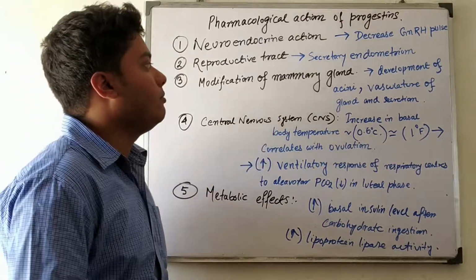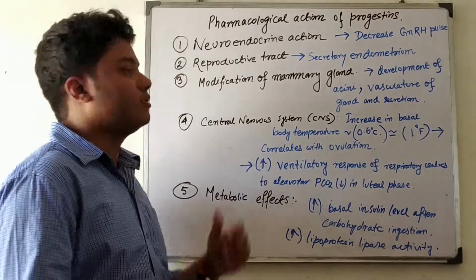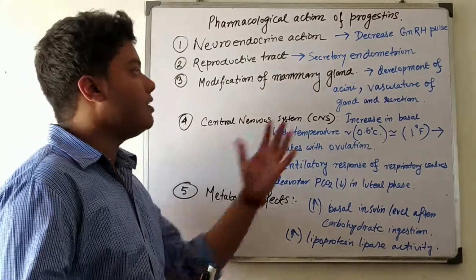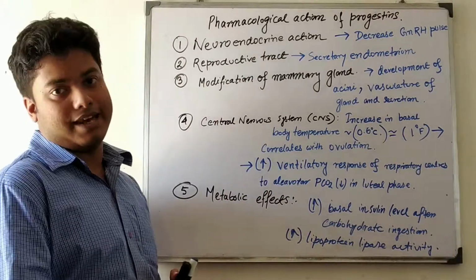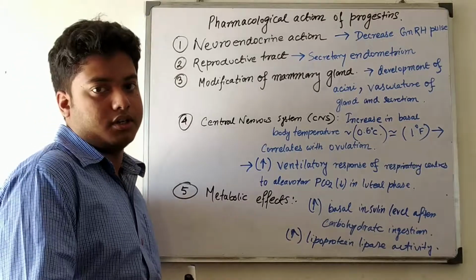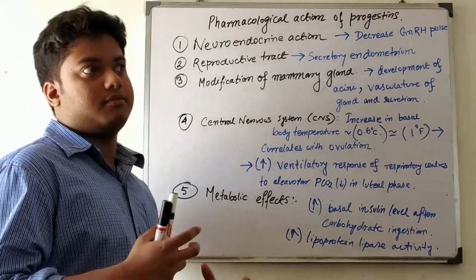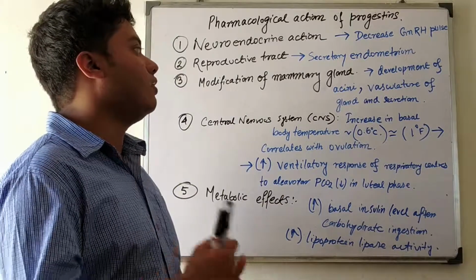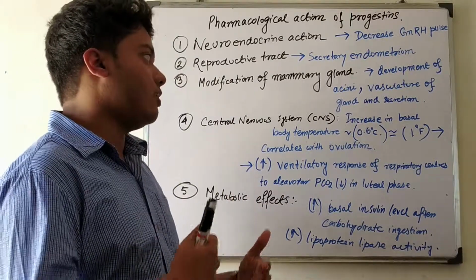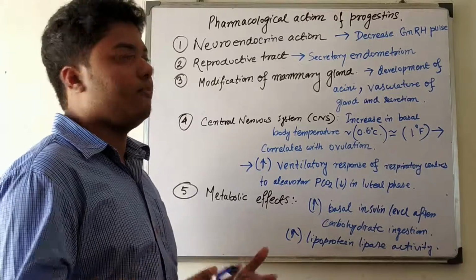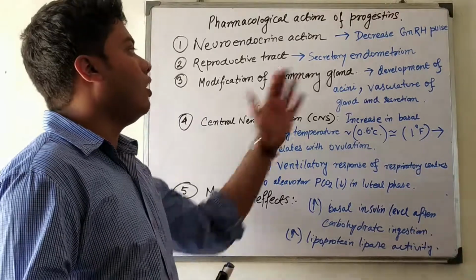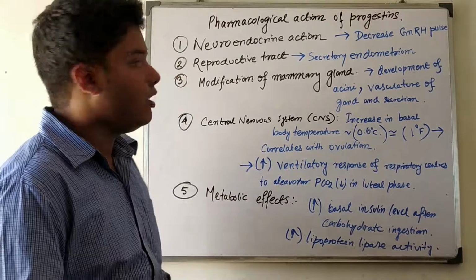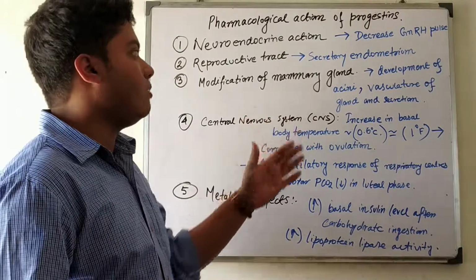Then there is the modification of the mammary glands. What is the importance of this modification? The development of the acini cells and the vasculature of the gland and the secretion is very important. You know that in breast development, it is very important to convert all the secretions to the level of milk secretion. The development of the acini and vasculature of the gland and the secretion is generally provided by the progesterone compounds.